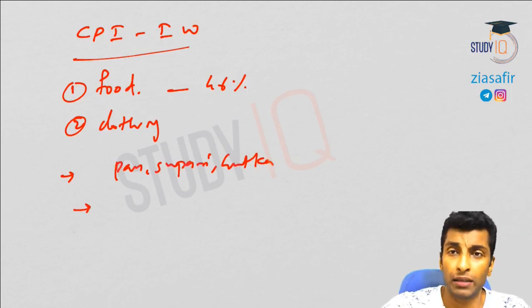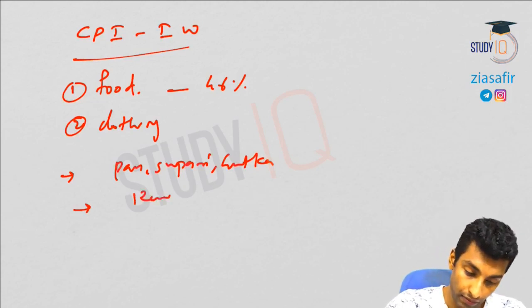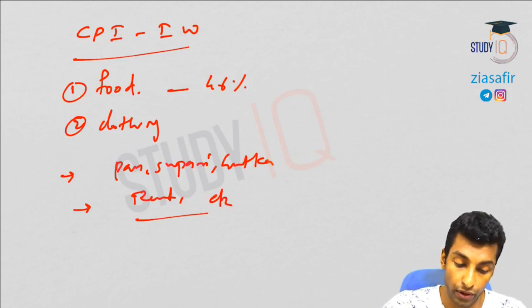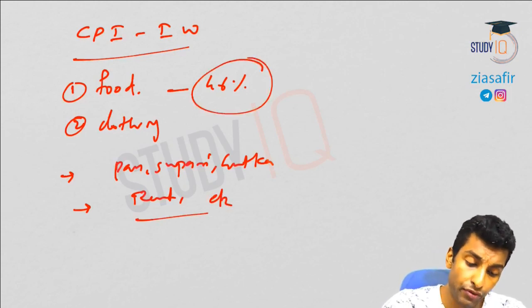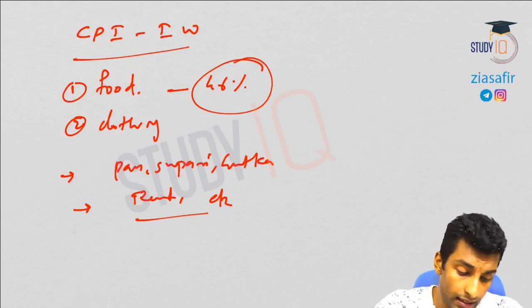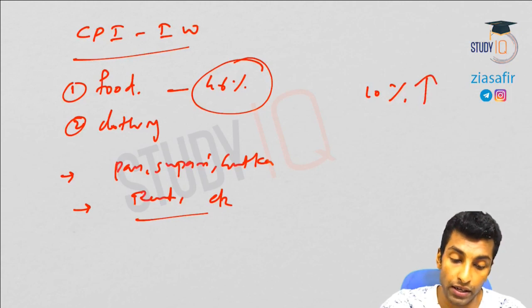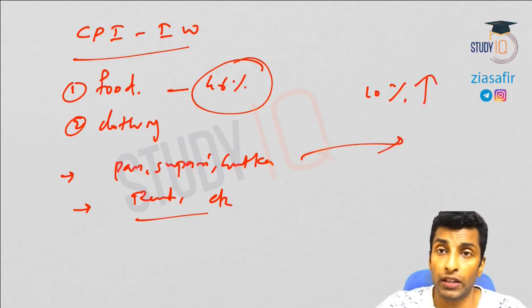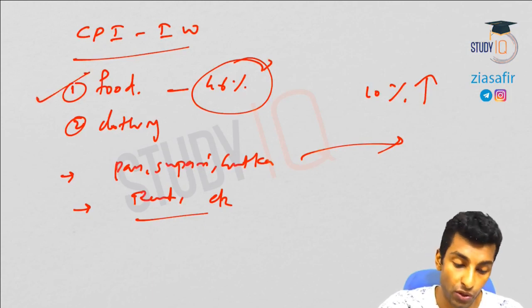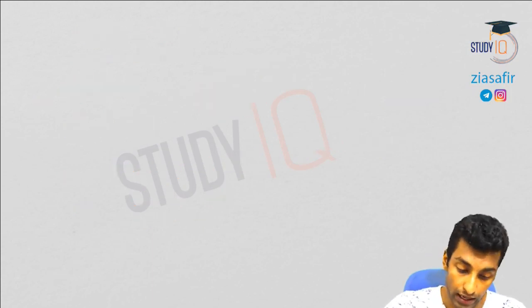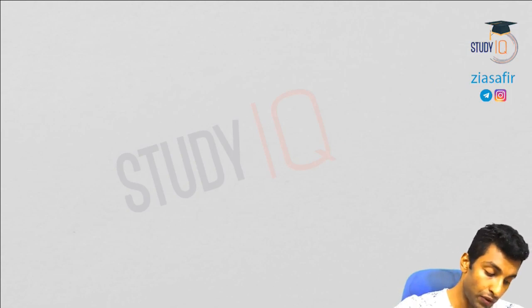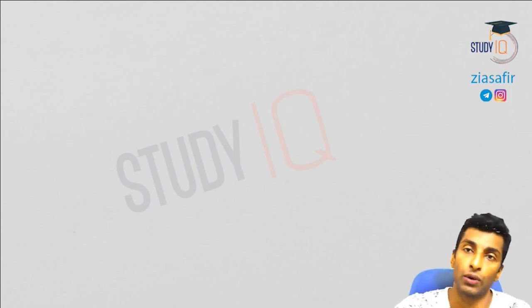Okay, now other items like rent, fuel, etc., all these are included. Now weightage, I've already told you, it shows the significance. See, the inflation or increase in food is 10% and increase in gutka 10%. Which one affects the maximum? Food affects the maximum, so we give more weightage to food. Like that, weightage is given. So you first collect items and then you assign the weightage.